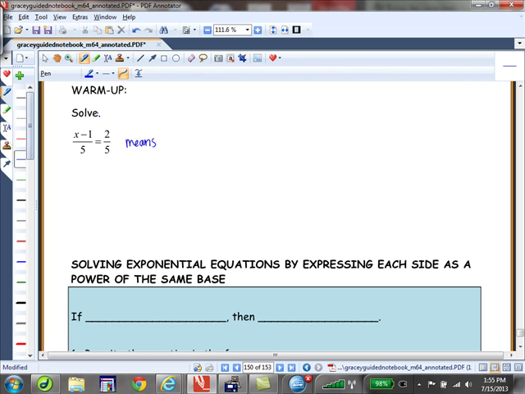I'll say this, since the denominators are the same, we can equate the numerators.